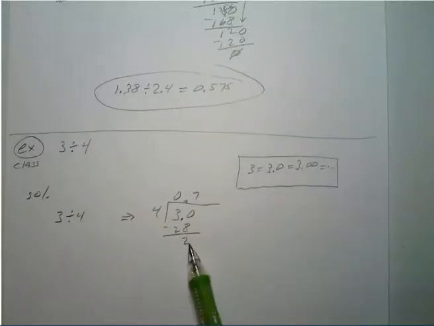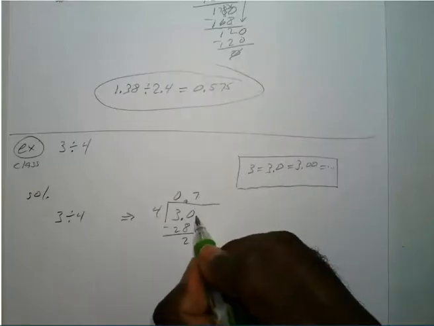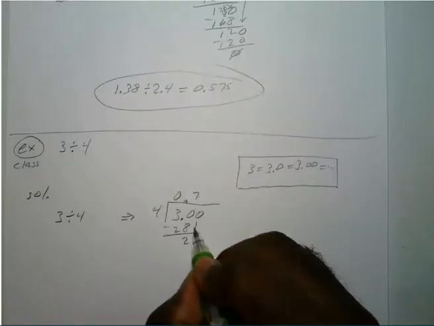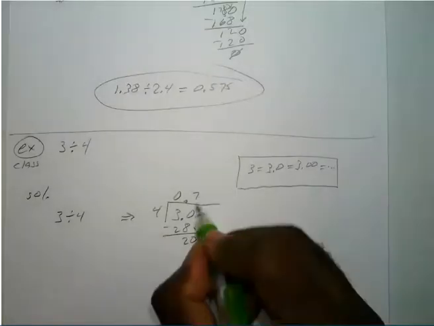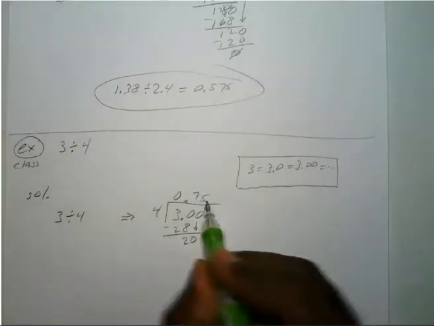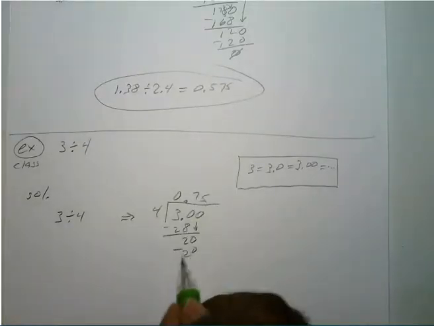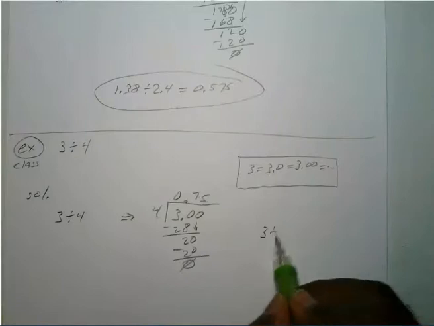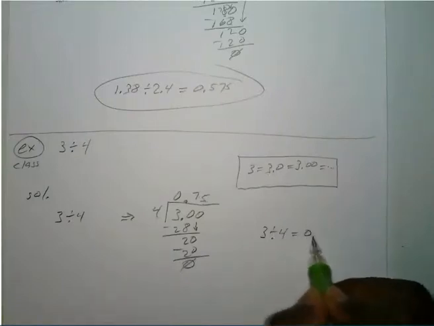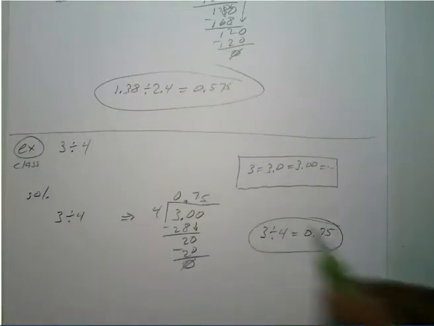Okay, so our remainder isn't 0, so we're going to go ahead and add another 0 there and bring that down. 4 goes into 20 5 times. 4 times 5 is 20, and remainder of 0. So we know that 3 divided by 4 is equal to 0.75.